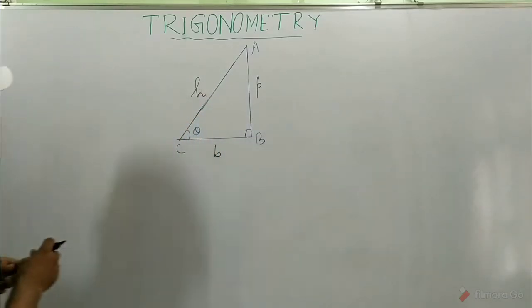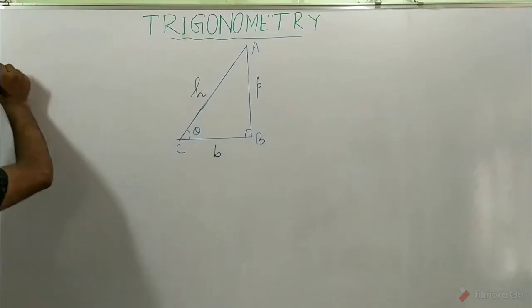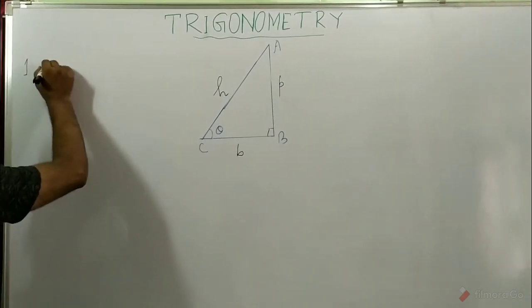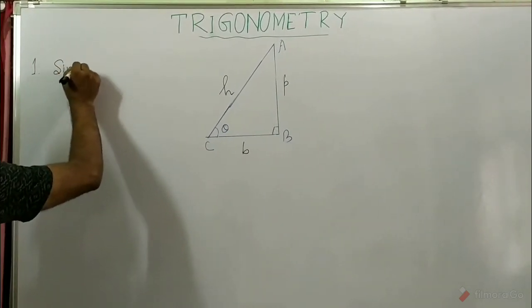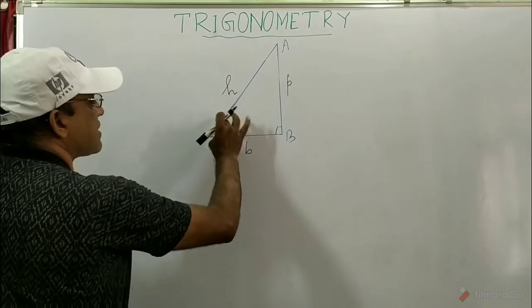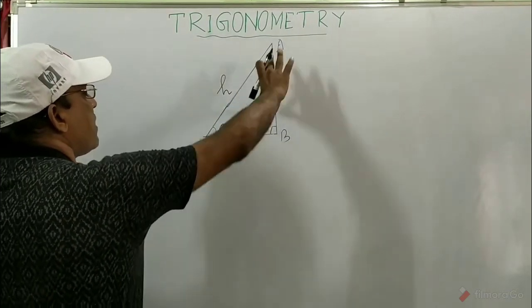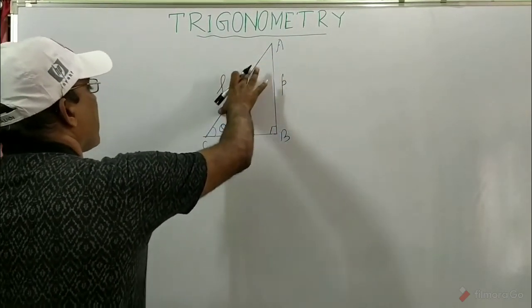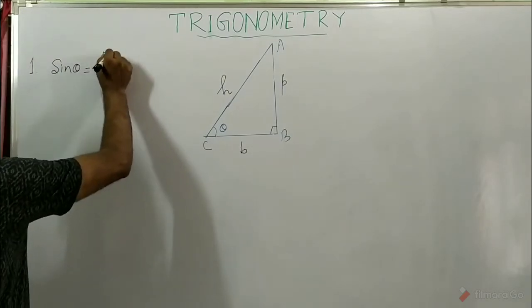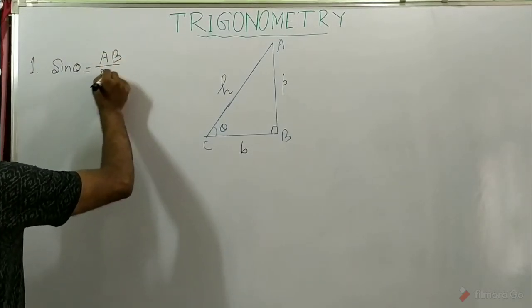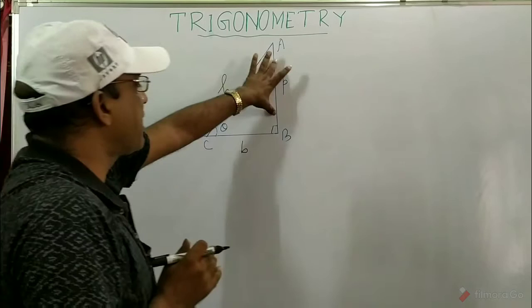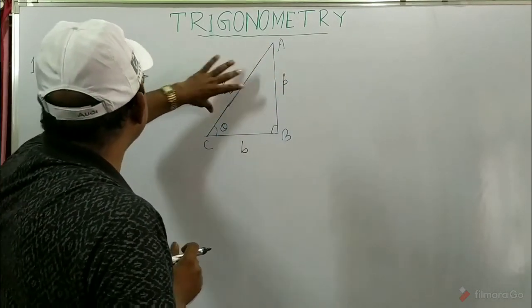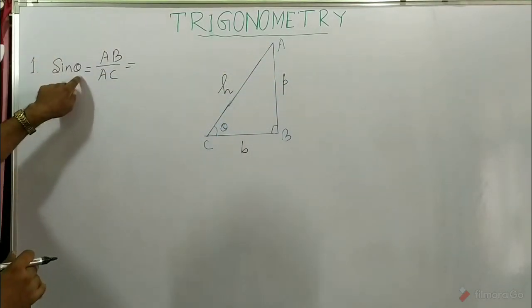Now number 1, sine theta. Sine theta means AB by AC. This length by this length represents sine theta.